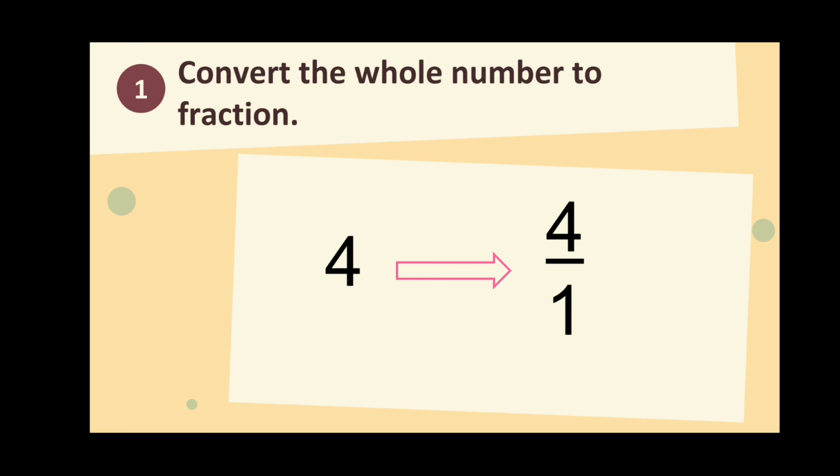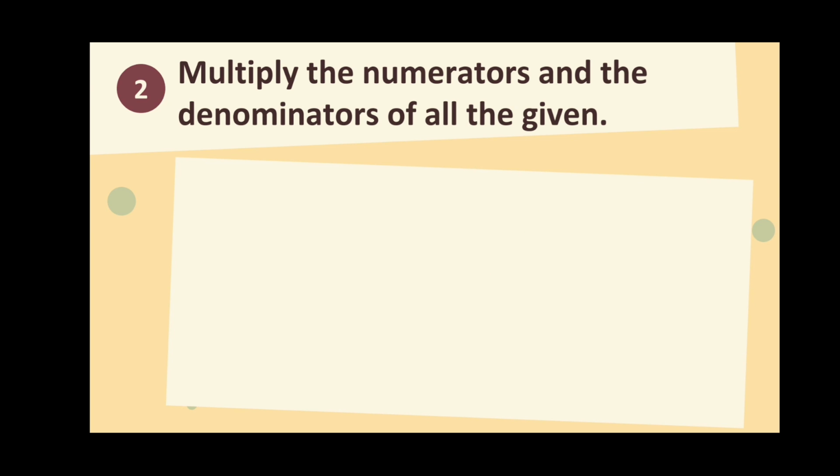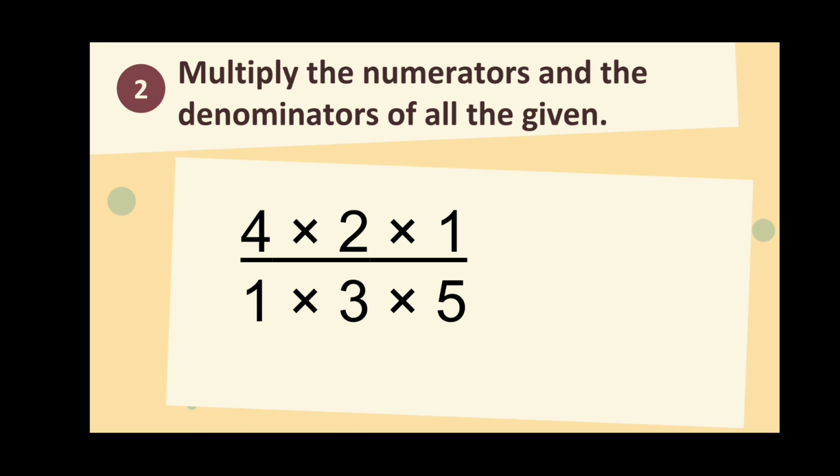Dahil wala na tayong i-convert, pwede na tayong mag-multiply ng numerators and then denominators. So we have 4 times 2 times 1 over 1 times 3 times 5 equals 8 over 15.